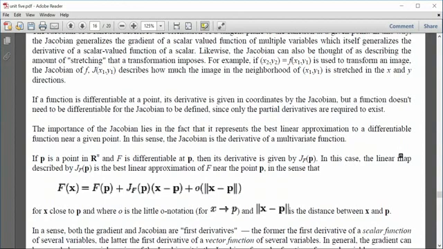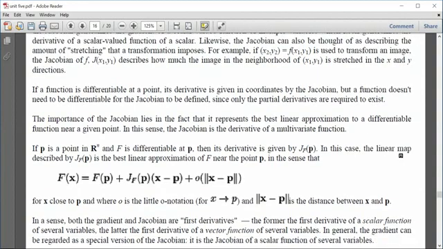For example, if we have x2, y2 equal to f of x1, y1, it can be used to transform an image. So the Jacobian of f can be given as J of x1, y1, and this describes how much the image in the neighborhood of x1, y1 is stretched in the xy direction.